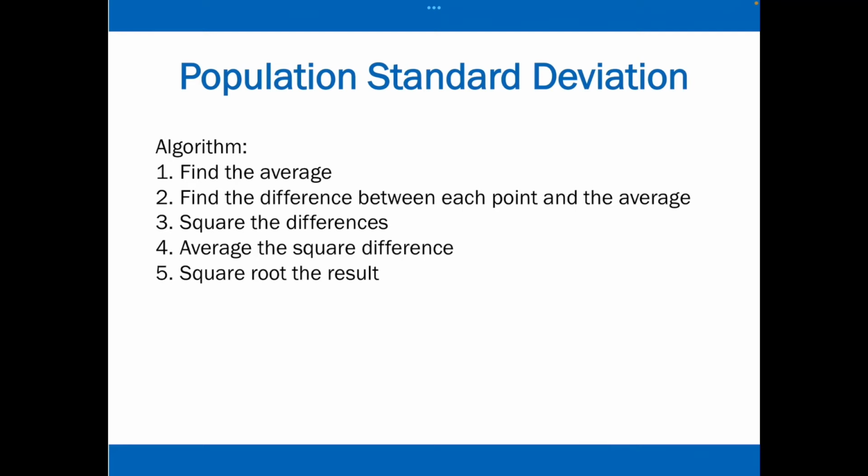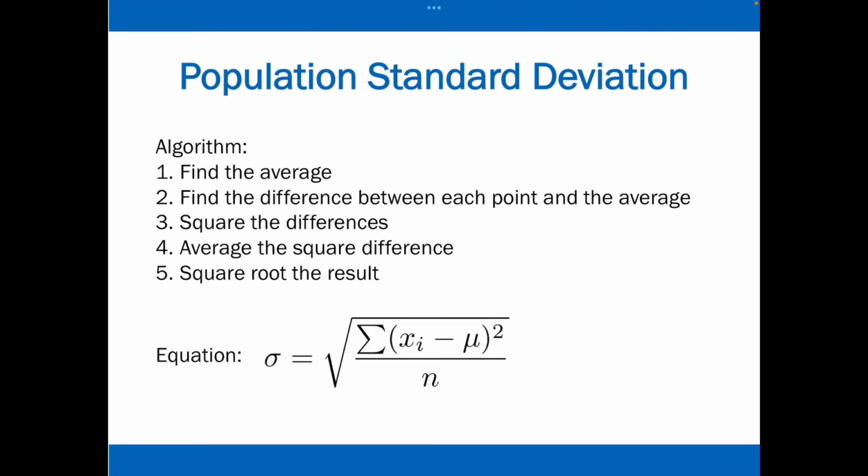I have a fancy math formula for you, which some of you I know like math formulas, and this will be great. If you're overwhelmed by this math formula, no problem. The algorithm says everything that the math formula does. But here's the formula. We can see sigma, which is the letter we're going to use for standard deviation. You'll see this x minus mu. This is the value that we're given minus the average.